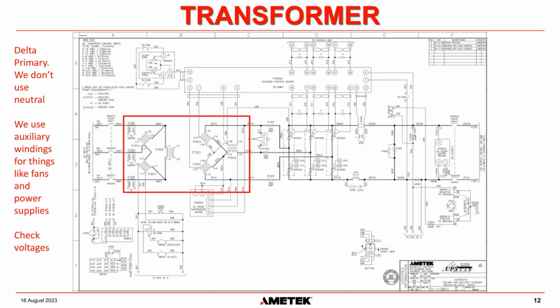We're taking the 480 volts phase to phase on the primary, and stepping the secondary down to about 90 to 100 volts phase to phase, or 45 volts phase to the center point. With that, on the primary, on the delta side, we don't use a neutral, so don't run a neutral to our chargers.